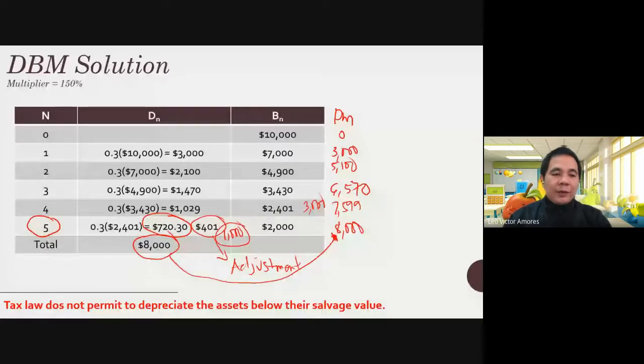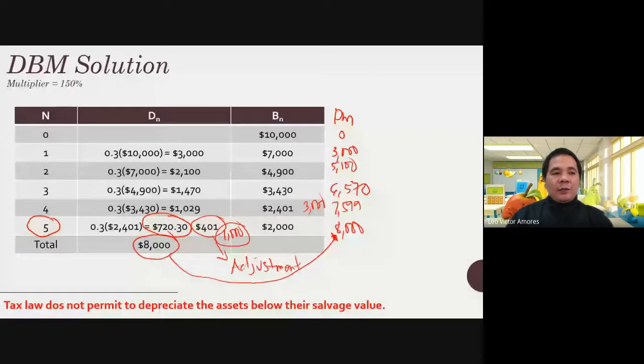And then for some problems, it would be stated that if the depreciation at some point using the straight line method becomes larger compared to the declining balance method, you will be using the straight line method, but that will be informed or part of the given.